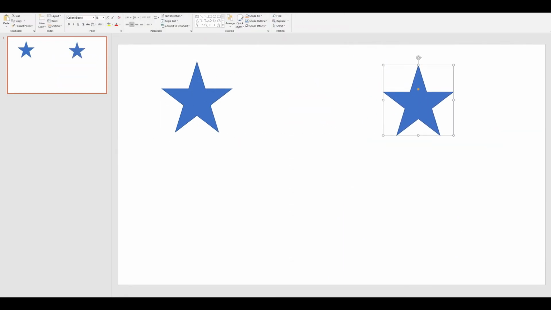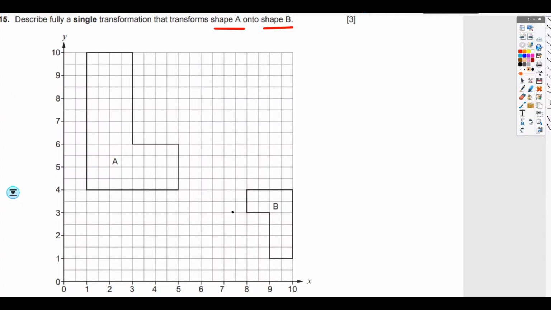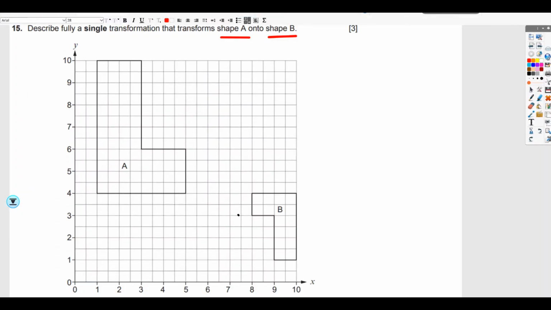At the same time, if I keep the shape the same but make it smaller, this is also an enlargement. Okay, so it's just a bit of maths terminology. So because the shape is the same, but it's been made smaller, we have an enlargement of some kind.